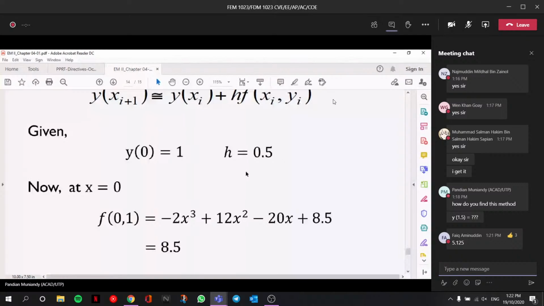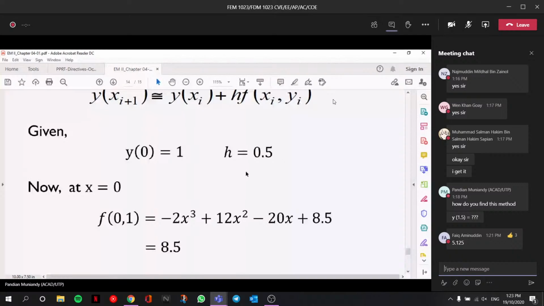So can you calculate that value? So minus 2, 12, minus 20, plus 8.5. Minus 2. You get minus 1.5.